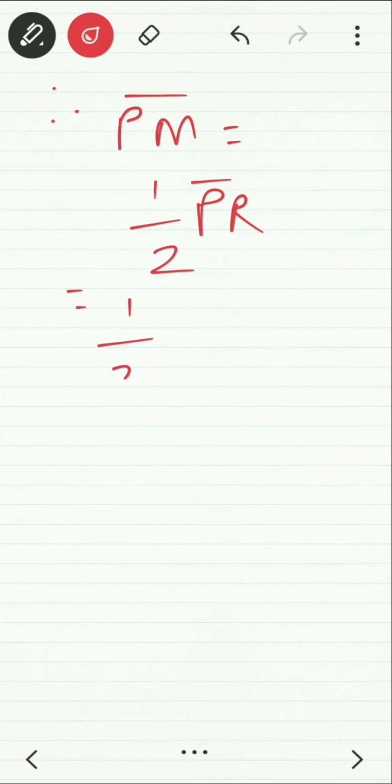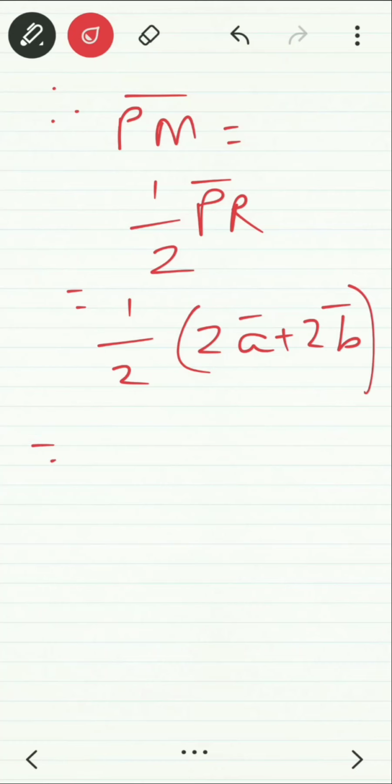Which is half of 2A plus 2B. Which comes out as A plus B, A bar plus B bar. So thus we find the value of PM.